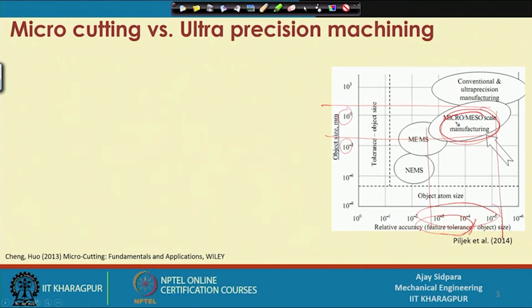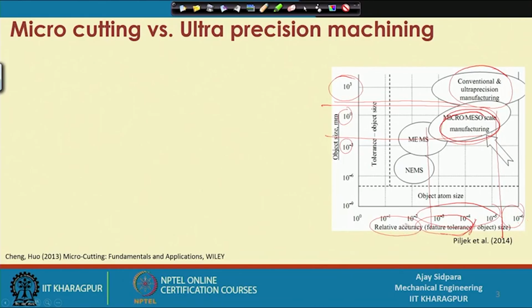Now, this is what we have discussed. What we are going to discuss is this one, ultra precision manufacturing, where the part size may be in meters, and the relative accuracy is much better than in nano electromechanical systems, micro electromechanical systems, or our micromachining operations. Why is the value very low?